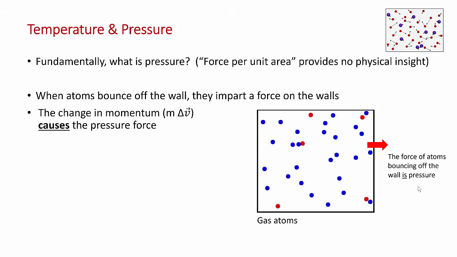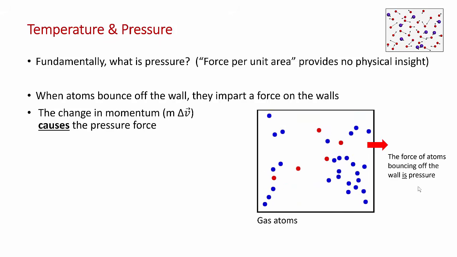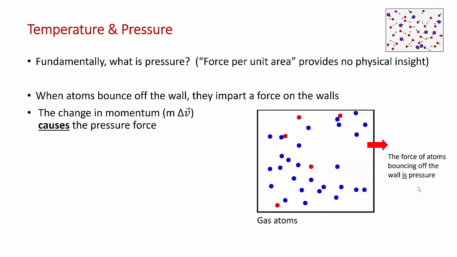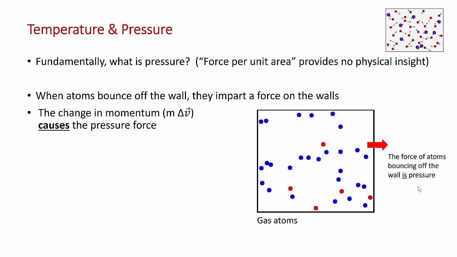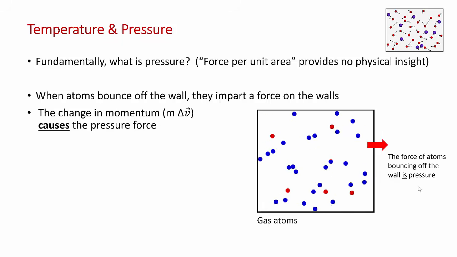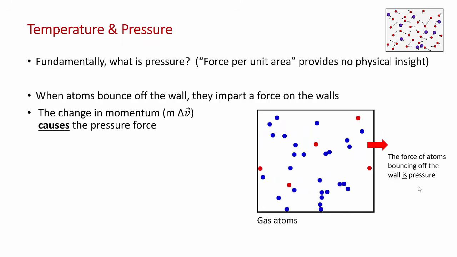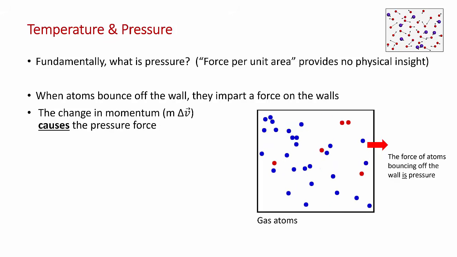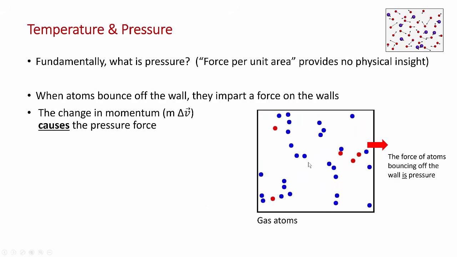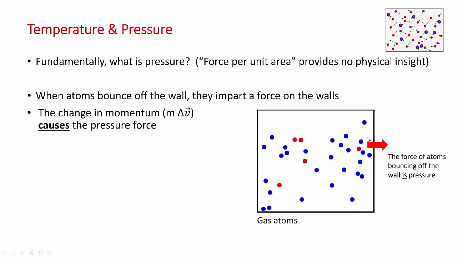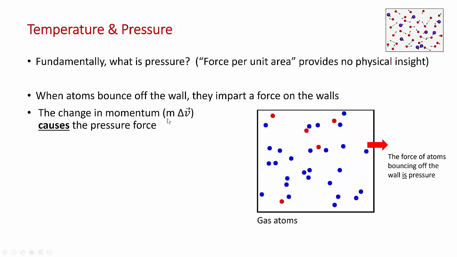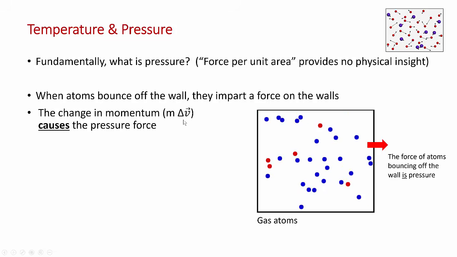Now, of course, I've shown just a little GIF here with maybe 50 little molecules in it, but in reality, if you had air, 28 grams of air would be 1 mole. That'd be 6 times 10 to the 23 atoms. So we're talking about a lot more atoms in a real container, but nevertheless, the same principle applies. When these little atoms bounce off the surface, there's mass and a change in velocity.